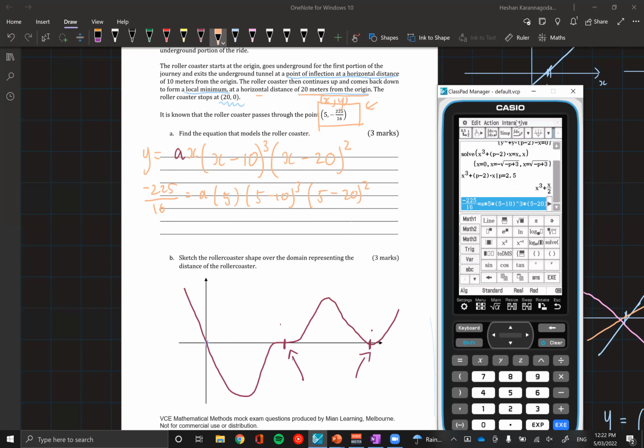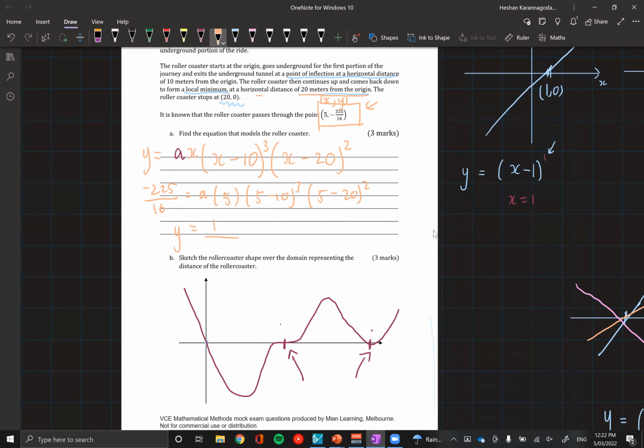Highlight all of that. Solve a. And then you get your answer as a is equal to 1 over 10,000. So you can write your final equation as just y is equal to 1 over 10,000 times x minus 10 cubed, x minus 20 squared, right?